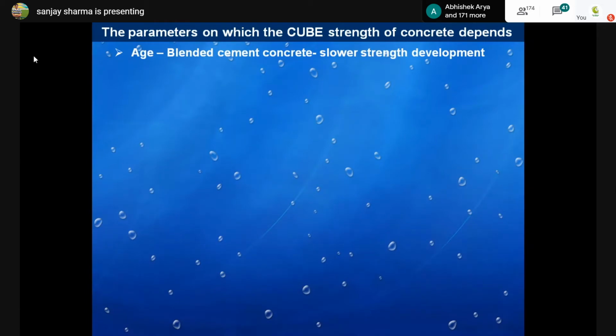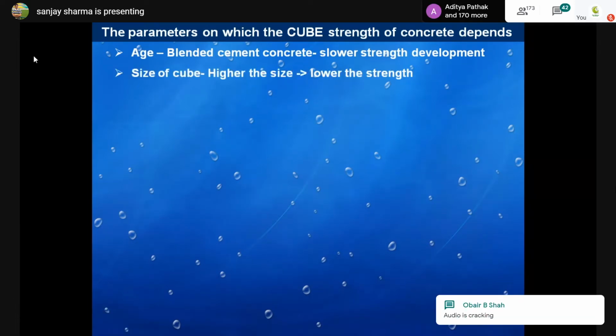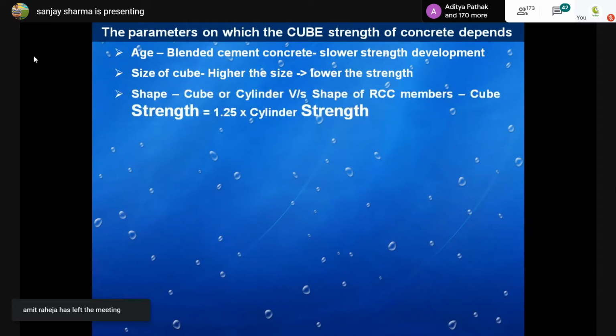In the case of concrete, the parameters of the cube we were talking about, the various factors which matter, are the age. PPC, pozzolanic cement, has slower strength development if it is used. Size of the cube also matters. Then shape, whether cube or cylinder, but generally we are using cube.